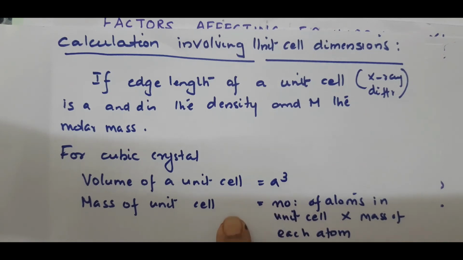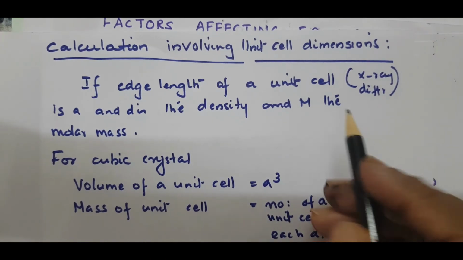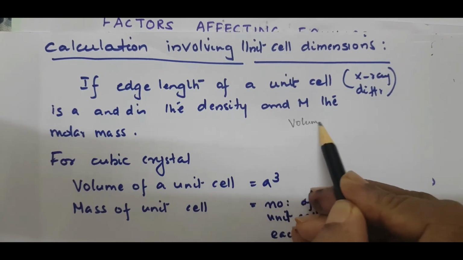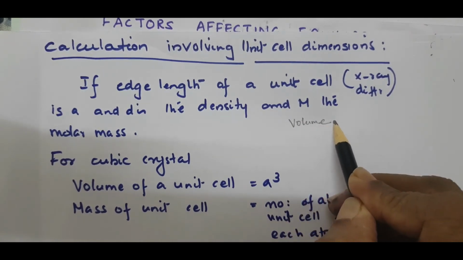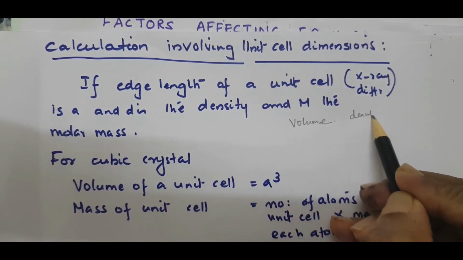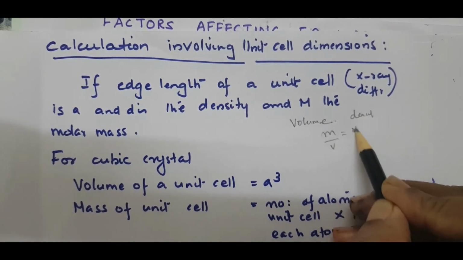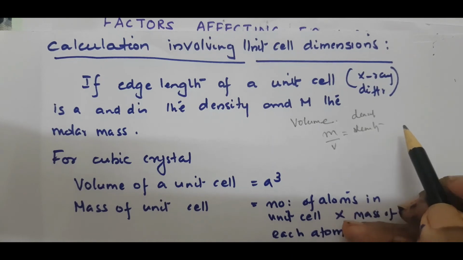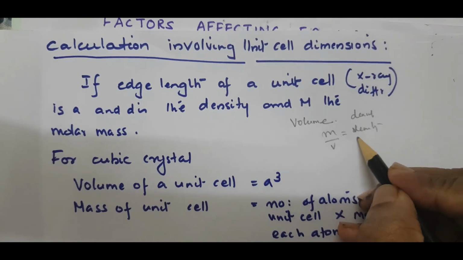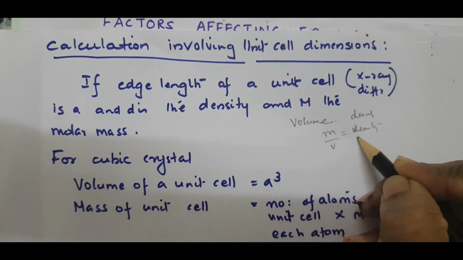Or if you know the density, you have the volume a cube. If you know the volume and if you have the density, you can find out the mass, isn't it? Mass by volume is equal to density, correct? You can calculate very well the density or the mass.